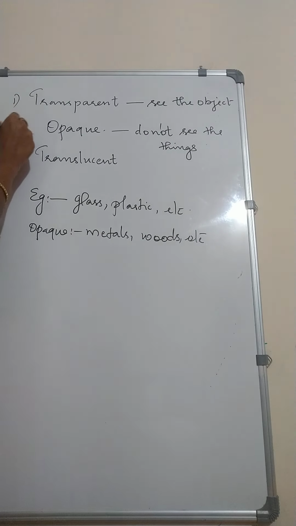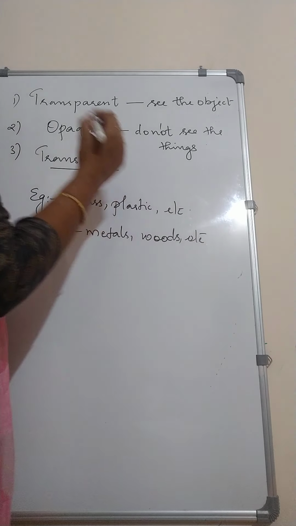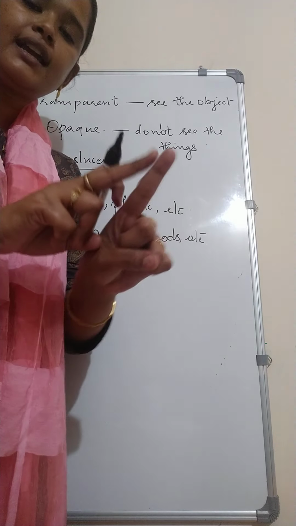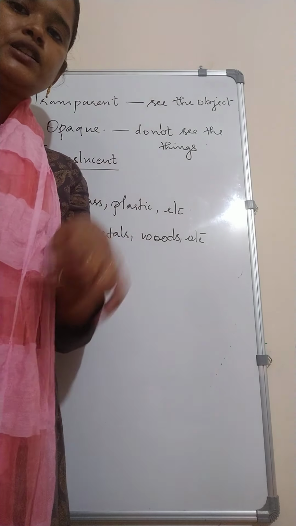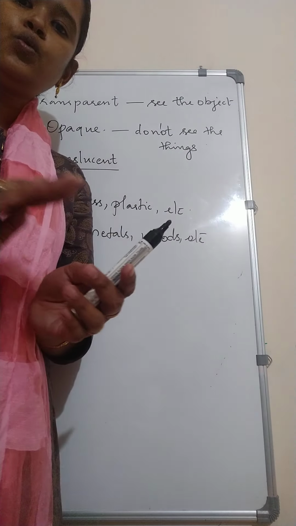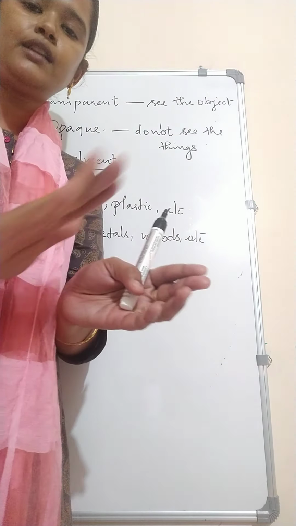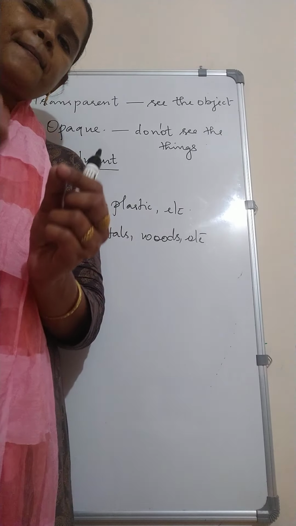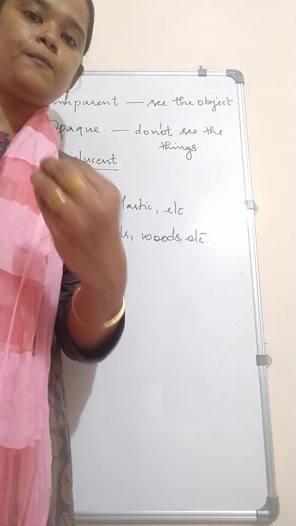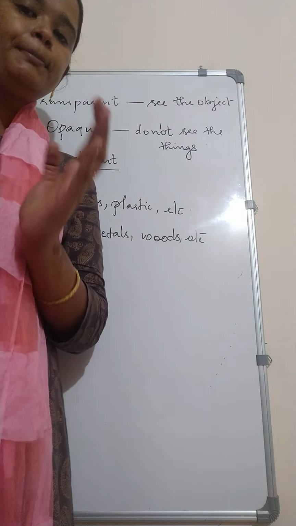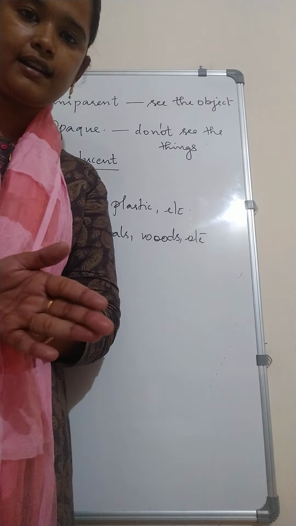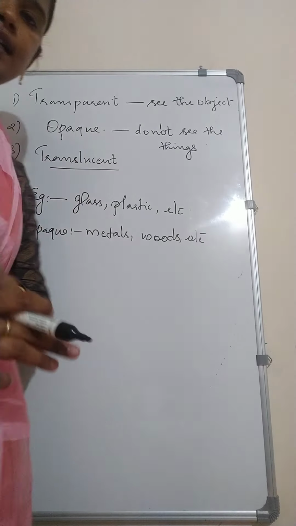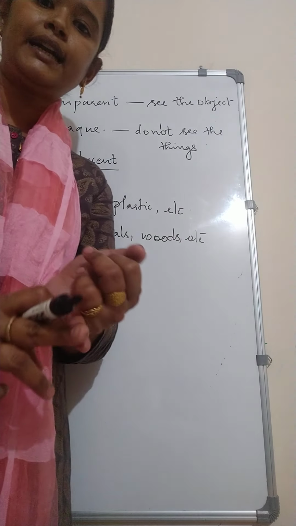Then the third one is translucent. Translucent means, for example, I am asking you to take a sheet of paper. Add some oil to that sheet of paper, then spread the oil. Through that sheet, we can see some objects. We can view some object through that sheet of paper, but we cannot see clearly. Such a type of material is called translucent material. For example, butter paper.